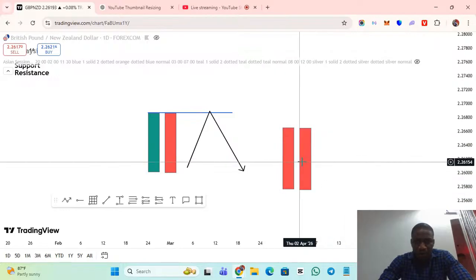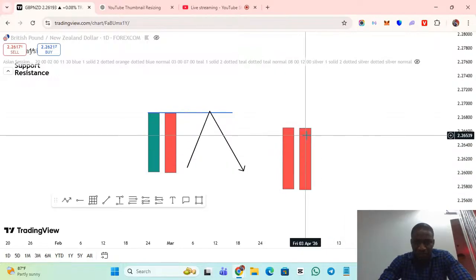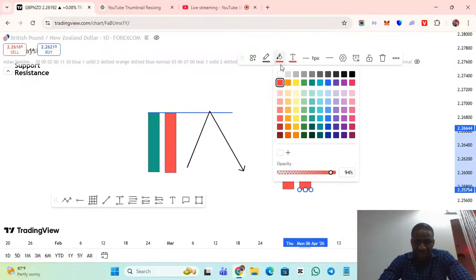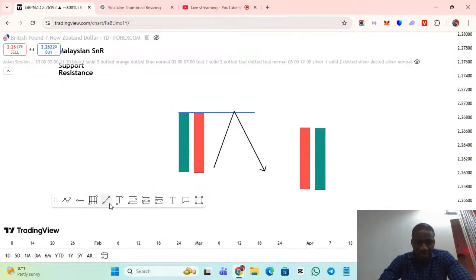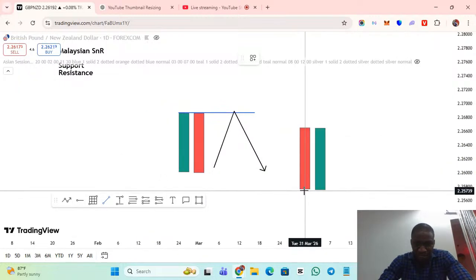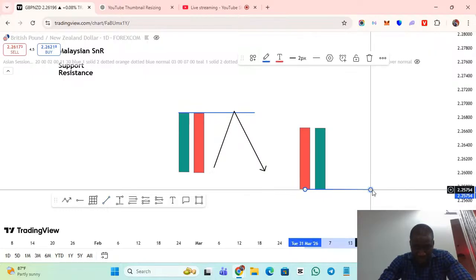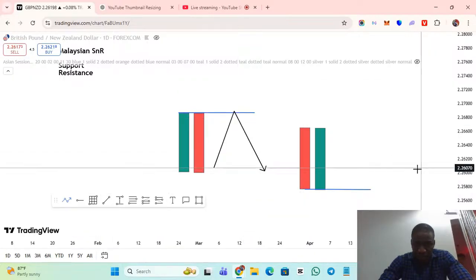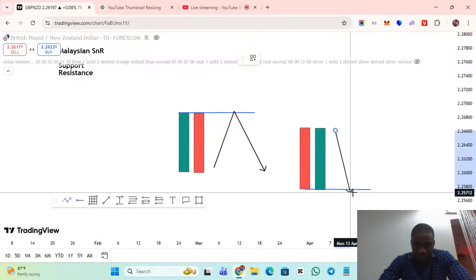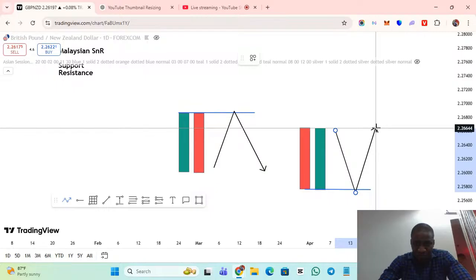Now let me make this one green so that you guys can understand. They are bearish and bullish candles here. So this candle's bottom is the same as this candle's. These two bottoms together, on the line chart, give us what we call a V-shape key level, right?